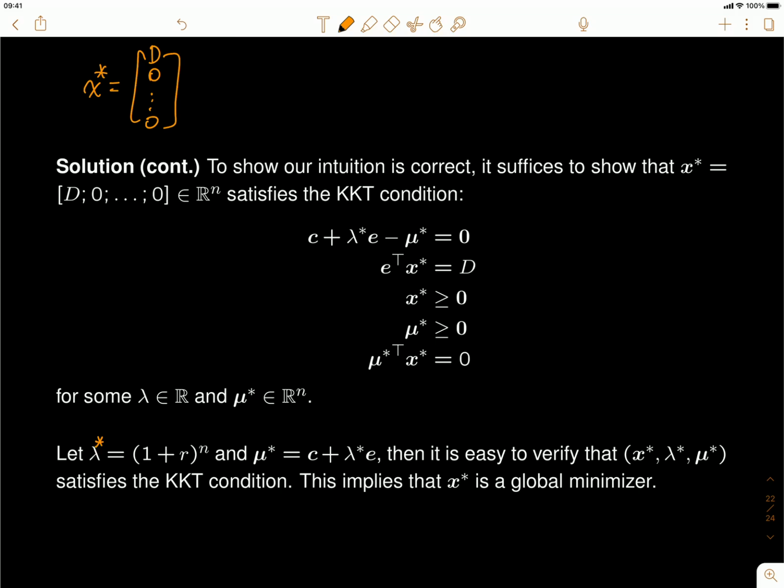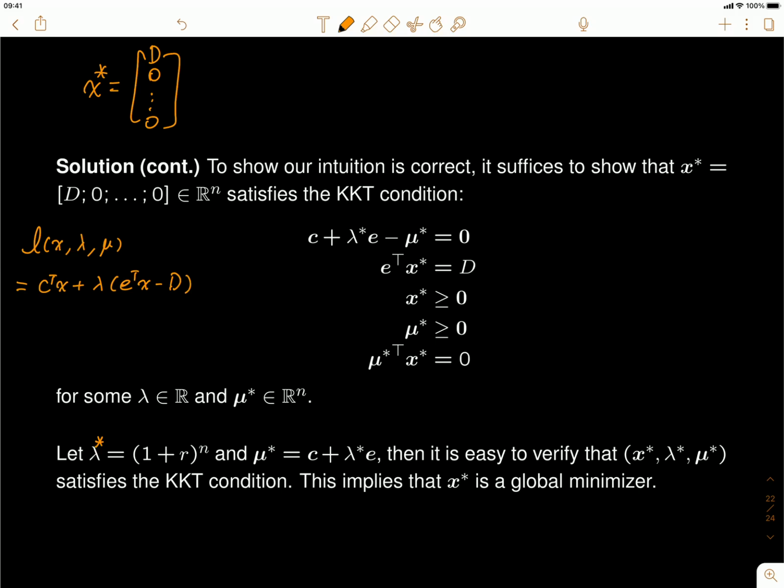The KKT condition is that we start from the KKT function, or the Lagrange function of x, lambda, mu. This is supposed to be the objective function, c transpose x, plus lambda times the linear equality constraints, which is e transpose x minus d.